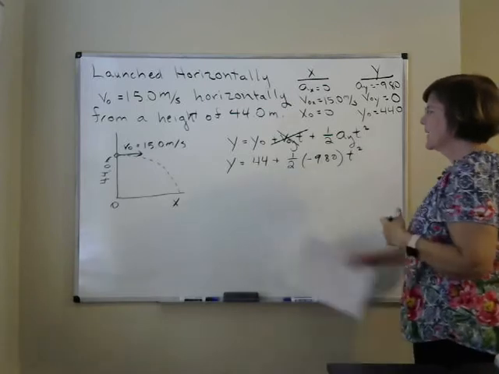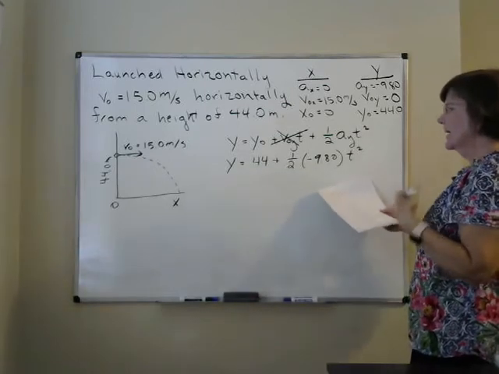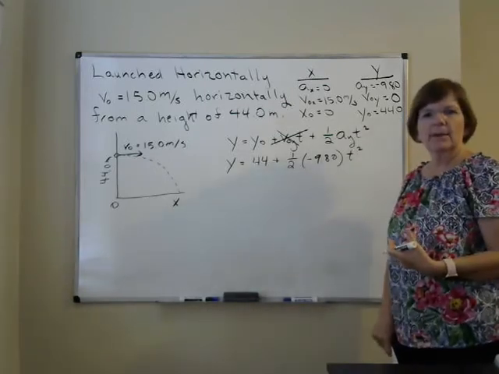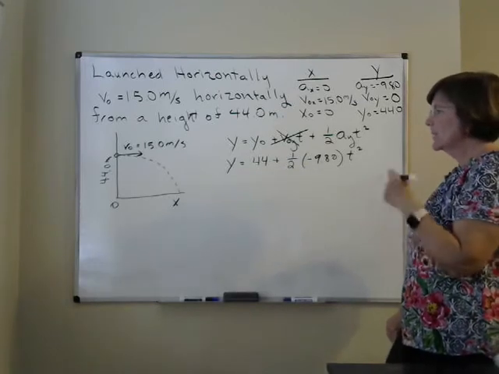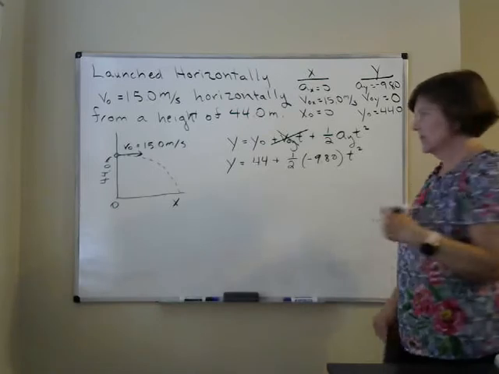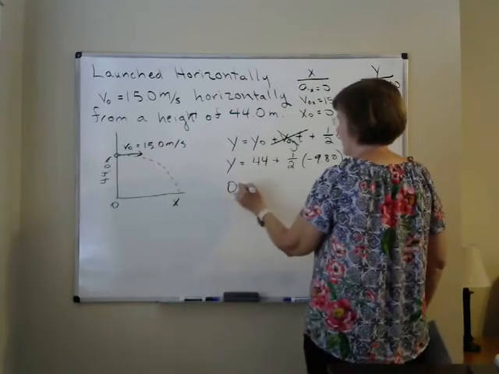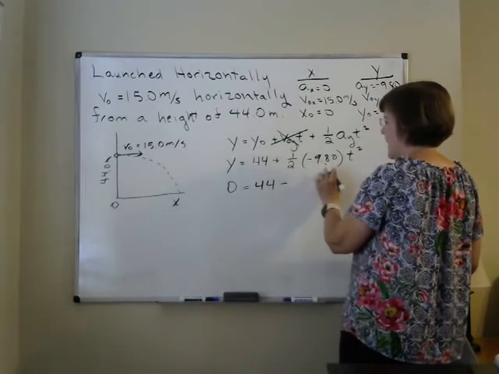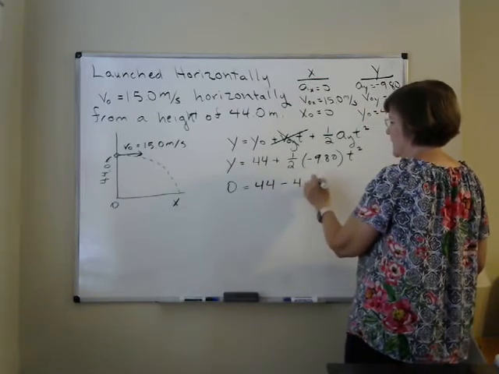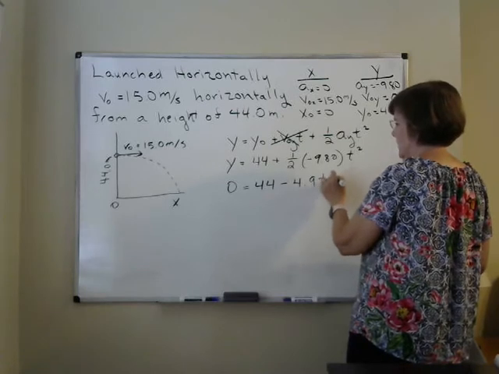Now, that describes the height at any time. But we want to know what time it hits the ground. Well, when it hits the ground, that means the height is 0. So I put a 0 in here. 0 equals 44 minus half of 9.80, which is 4.9, t squared.